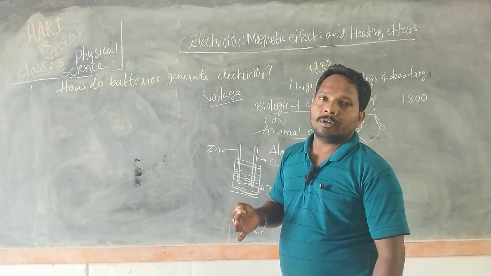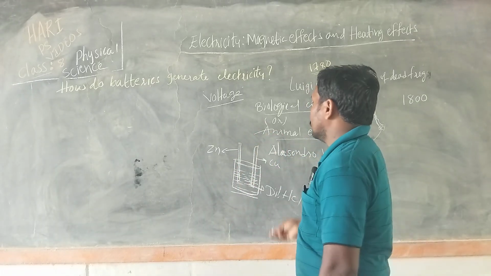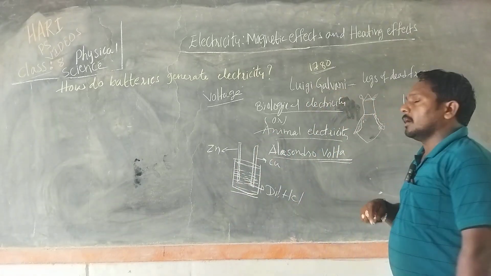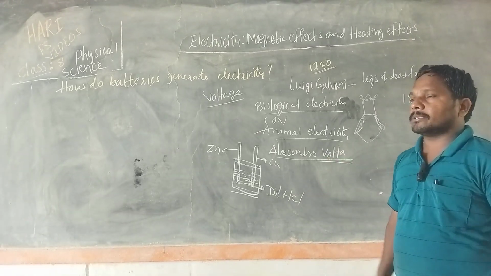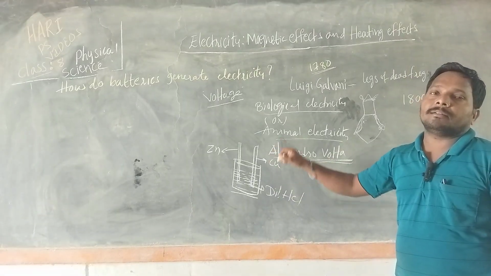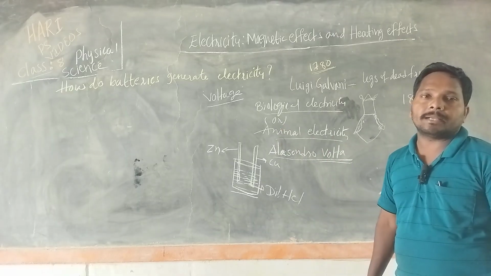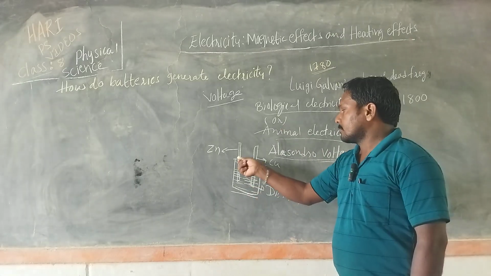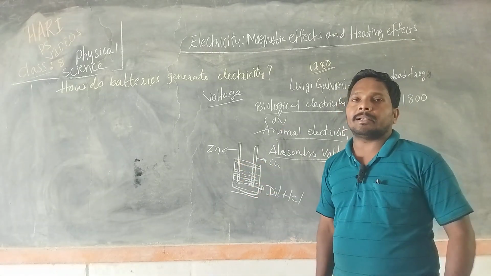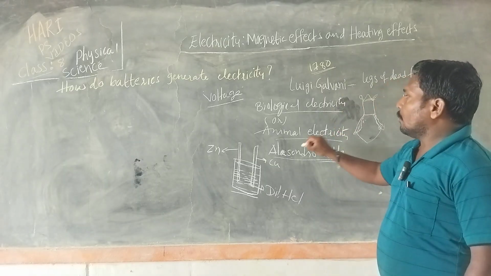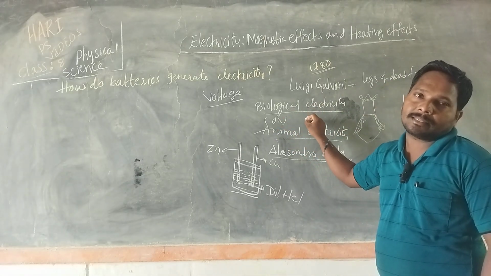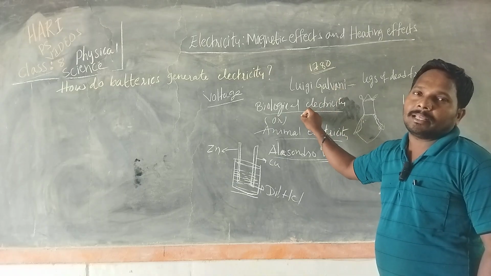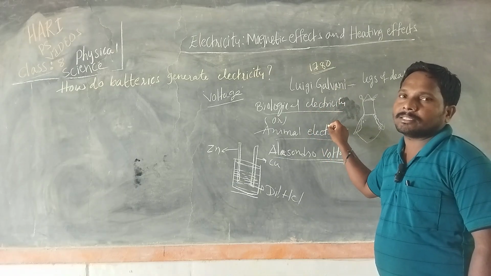So the term voltage honors the great scientist Alexander Volta, because he was the first person who invented the cell or battery using acids and metals. So no animal or living organism contains electricity, no biological electricity, no animal electricity.